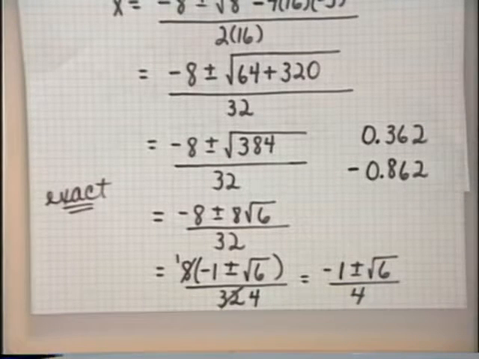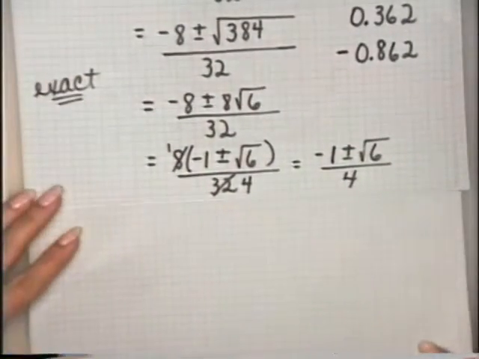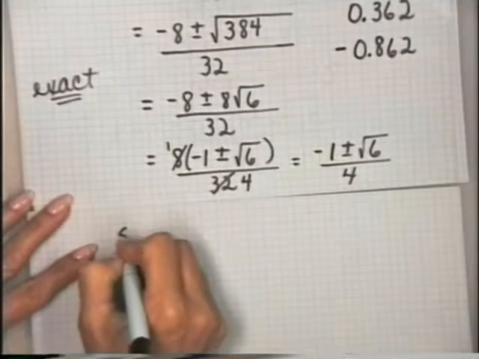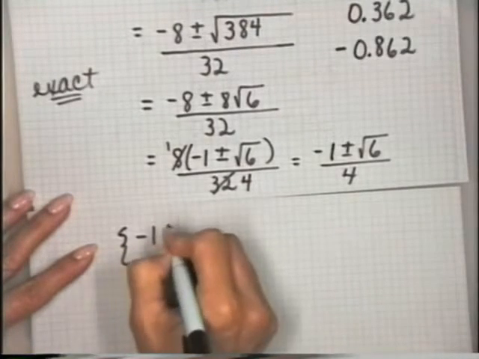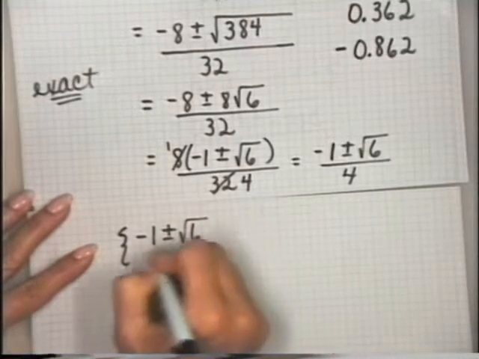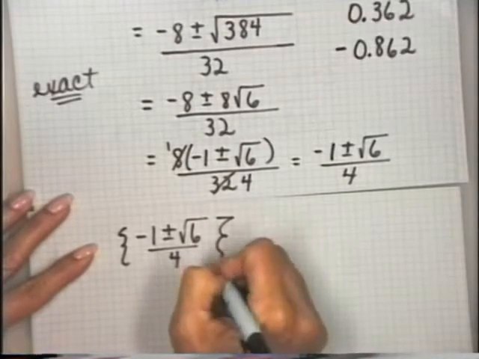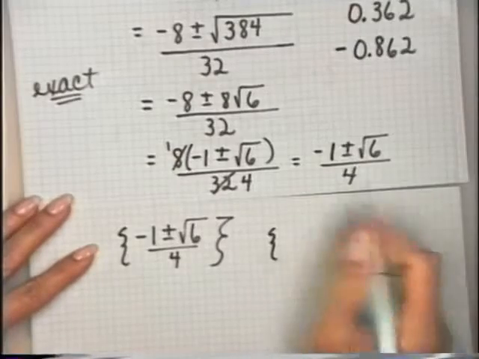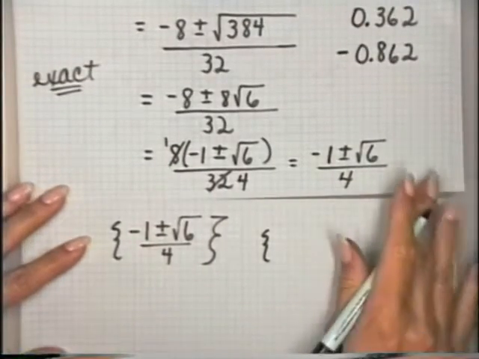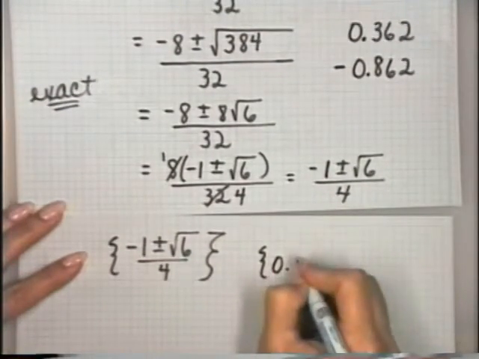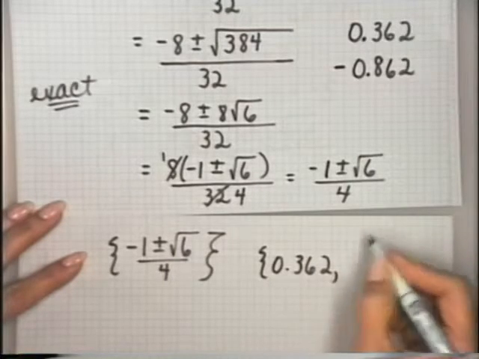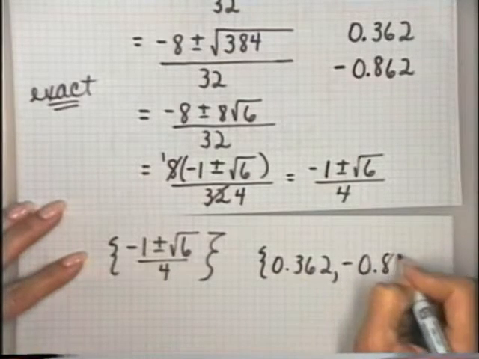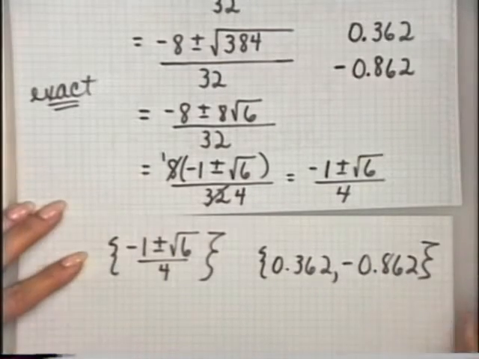So if your teacher asks you for the exact solution, then you want minus 1 plus or minus the square root of 6 over 4. And if you are allowed to give rounded solutions, we would have 0.362 and minus 0.862.